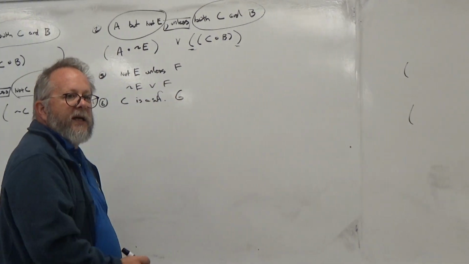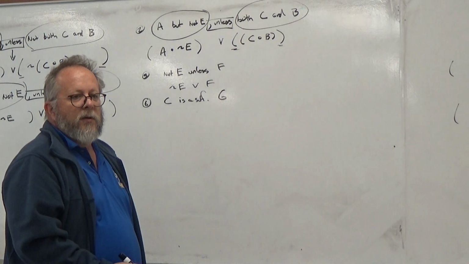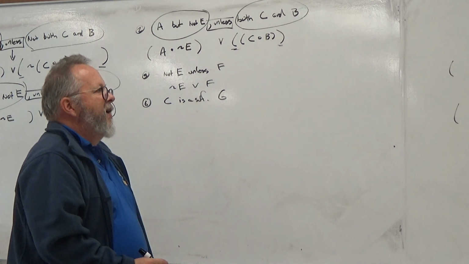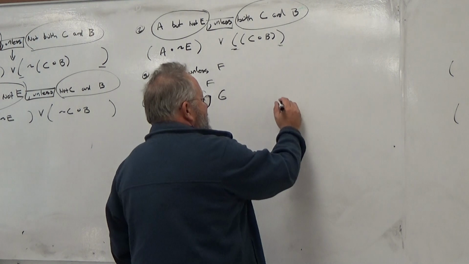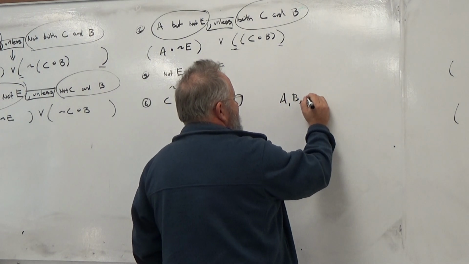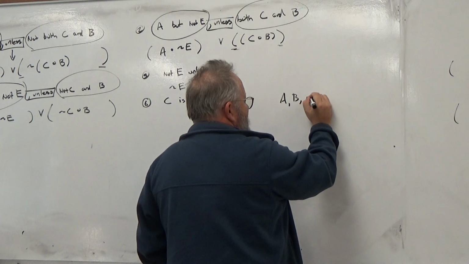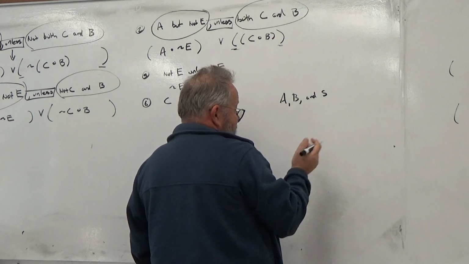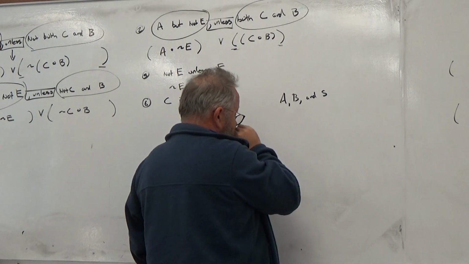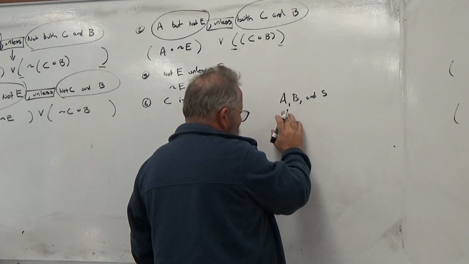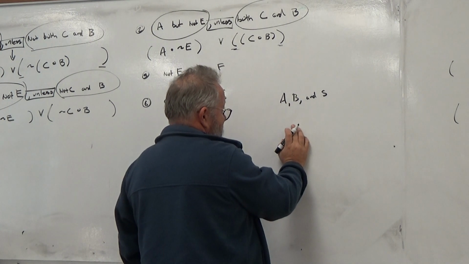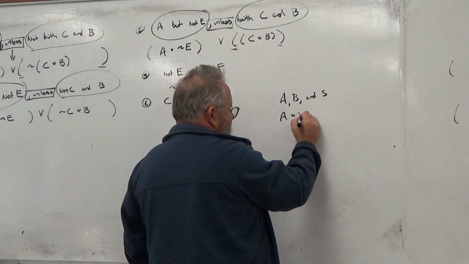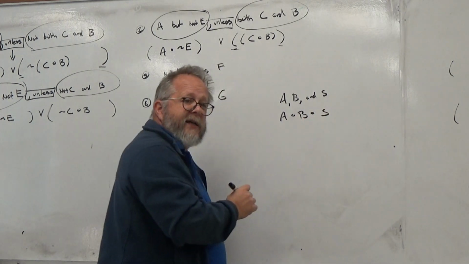Okay. Yes? Can we have 2 commas? Yes, we can have more than 1 comma, like Al and Bob and Steve, right? I don't know why it's Al, Bob, and Steve. It depends on how these were written, but we take this as a string of ands, A and B and S, right?